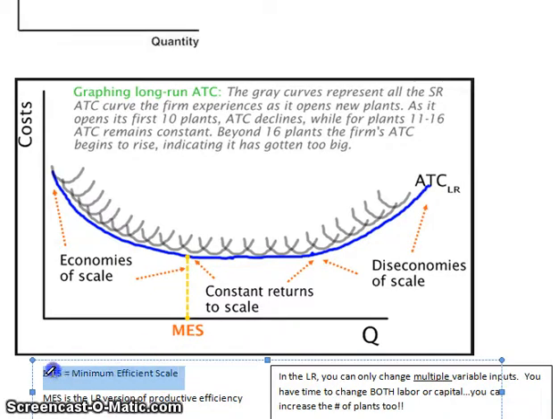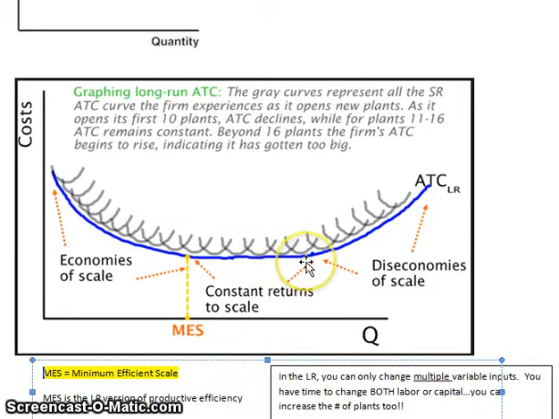Instead, it's referred to as the minimum efficient scale. And what it means is that in the long run, this is as low of a cost as this firm can possibly get. And so a firm should make its decisions along this minimum efficient scale, or at this constant returns to scale, where as I'm producing more, my ATC is not rising.